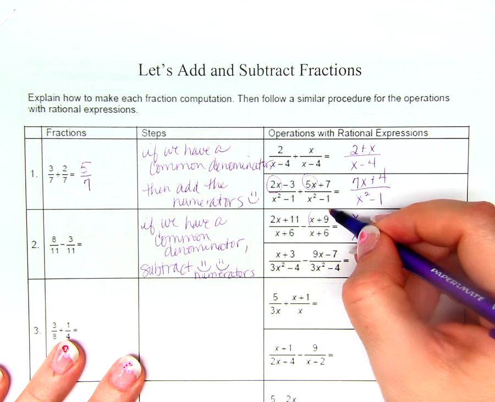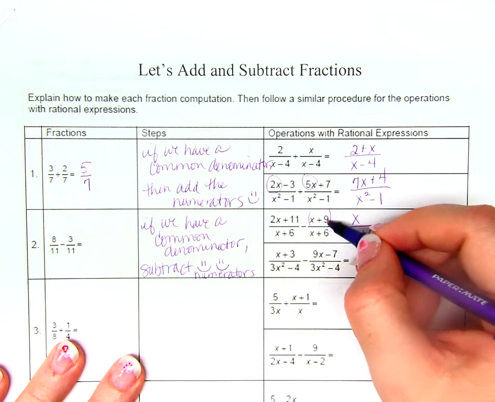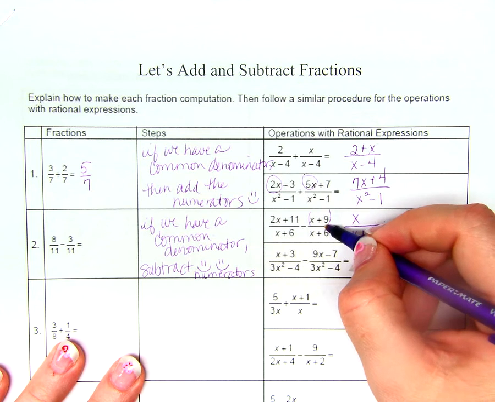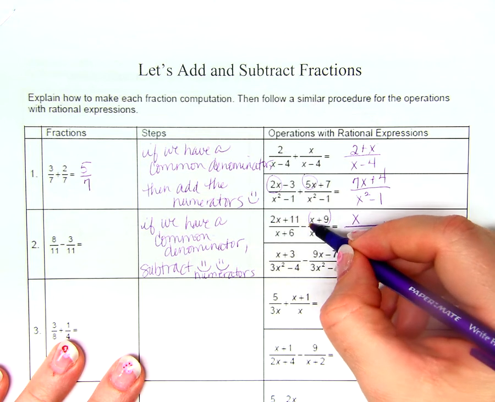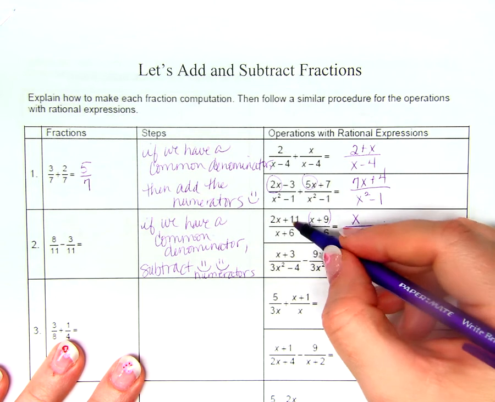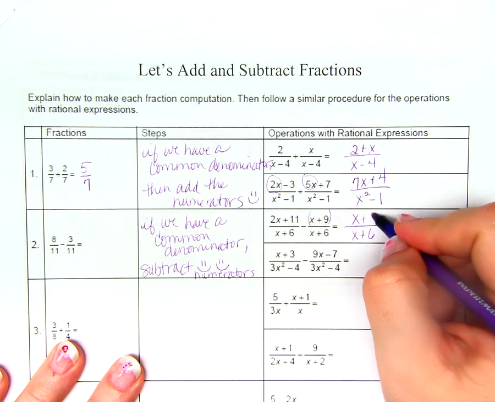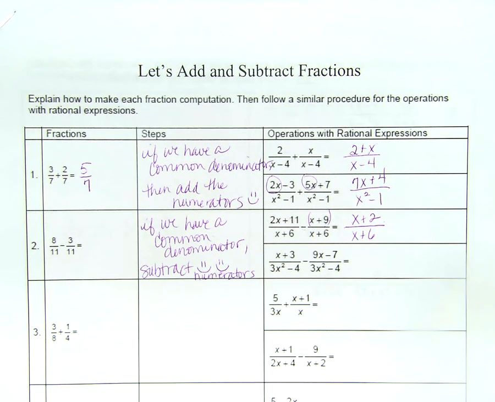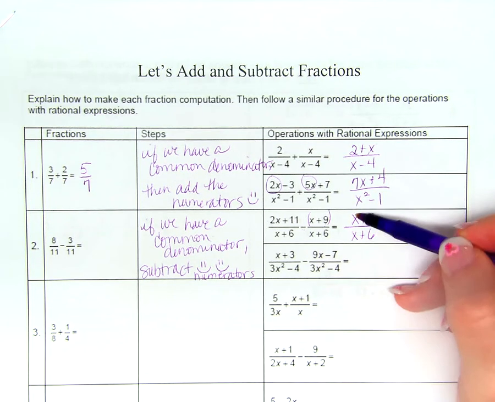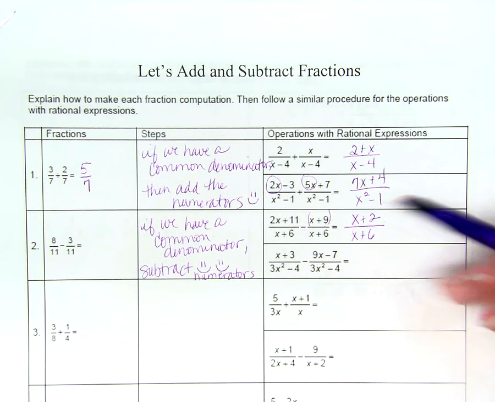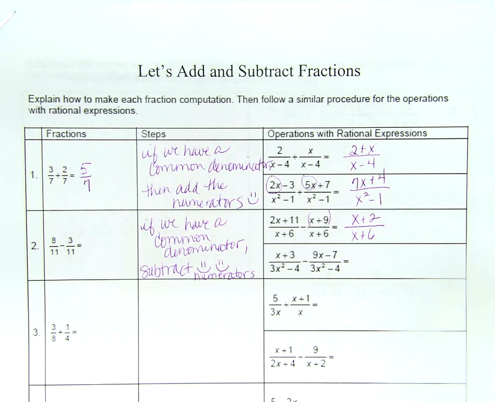So I'm subtracting everything in this fraction. So I'm saying 2x minus x is x. And I'm saying 11 minus 9. See, I couldn't even trick you even when I tried. Good job. But now I can cancel out the x's. Why not? Good. They're not factors.